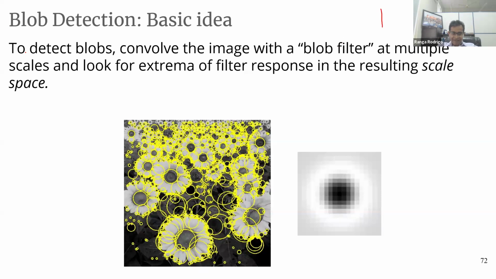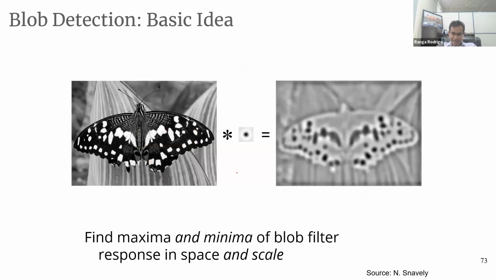Convolve means you run the filter at multiple scales and pick the scale that maximizes the response, as I showed you in the previous diagram. This is the kernel that you have to run. We will study this kernel a little bit, and then we'll be able to see.